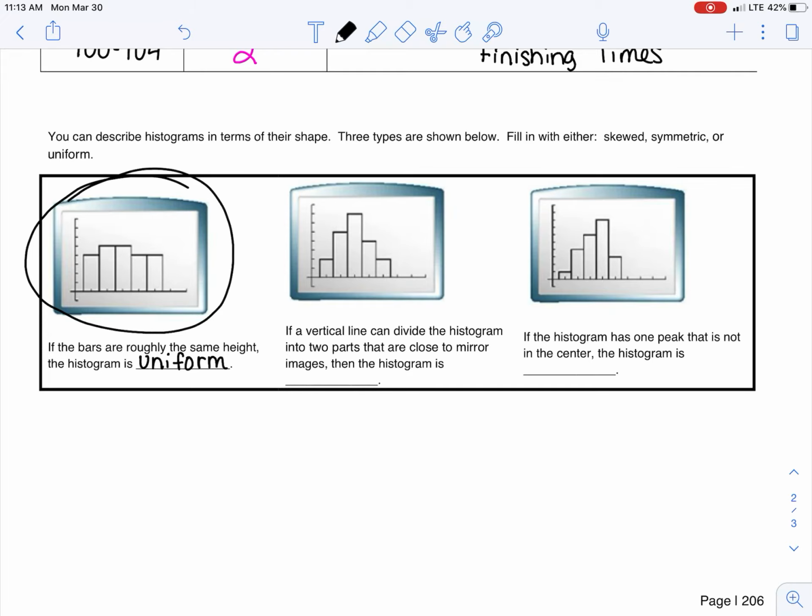If a vertical line, so vertical means straight up and down, can divide your histogram into 2 parts that are close to mirror images, so if they're close to being symmetric, then the histogram is called symmetric.